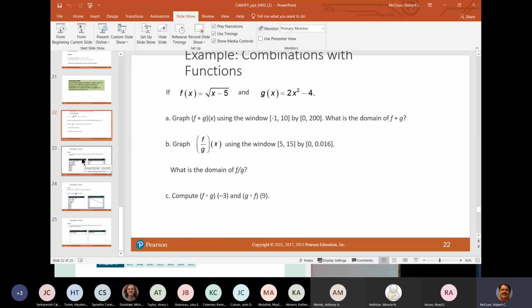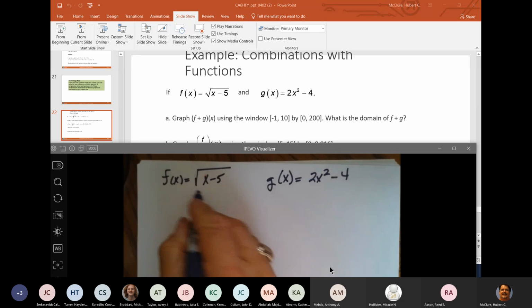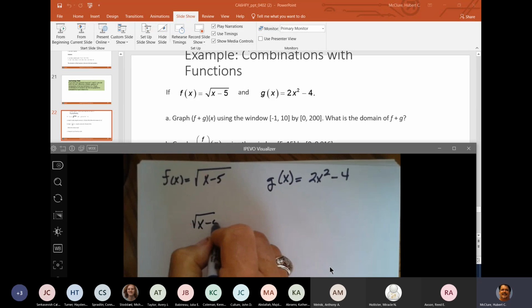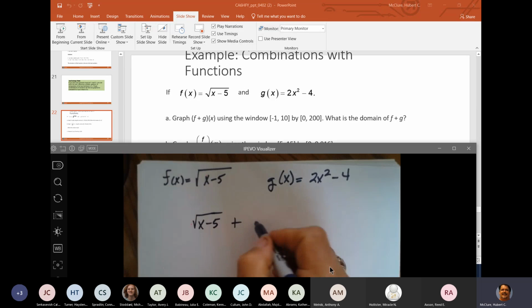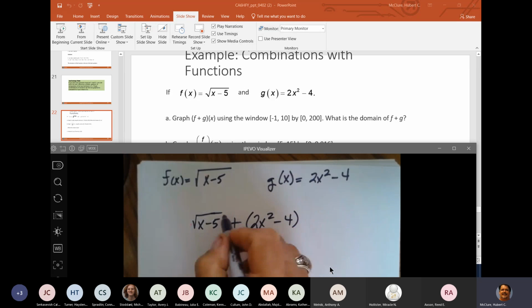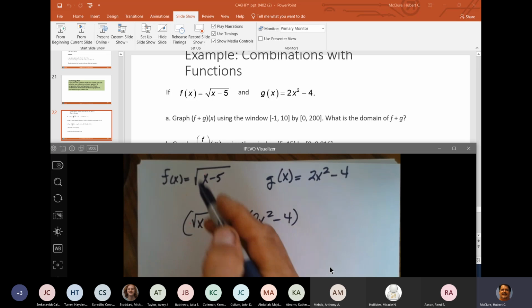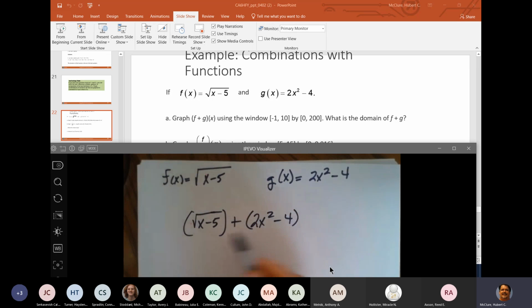All you can do is write square root of X minus 5 plus 2X squared minus 4. That's all you can do, because when you have a radical, you're limited in what you can do as far as combining like terms. So this one says add. Well, all you can do is just put a plus symbol between both of them.